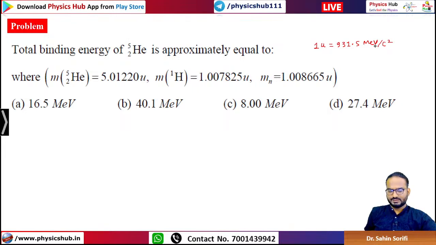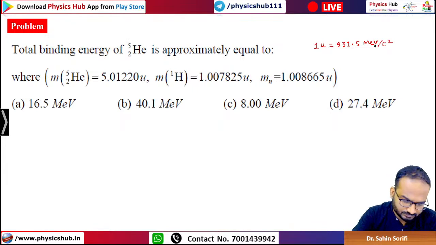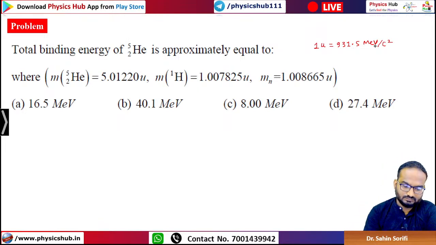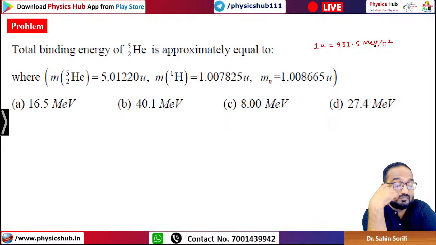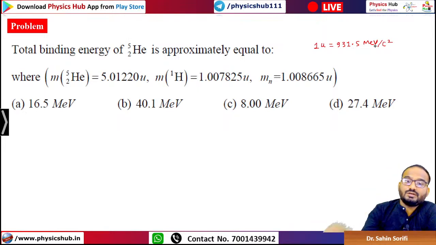You just need to do it in a systematic way. Not able to do this simple problem?